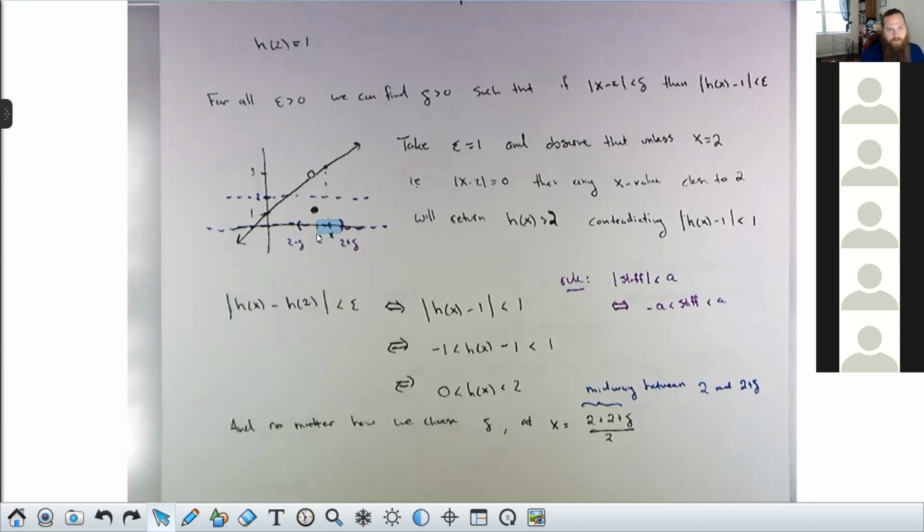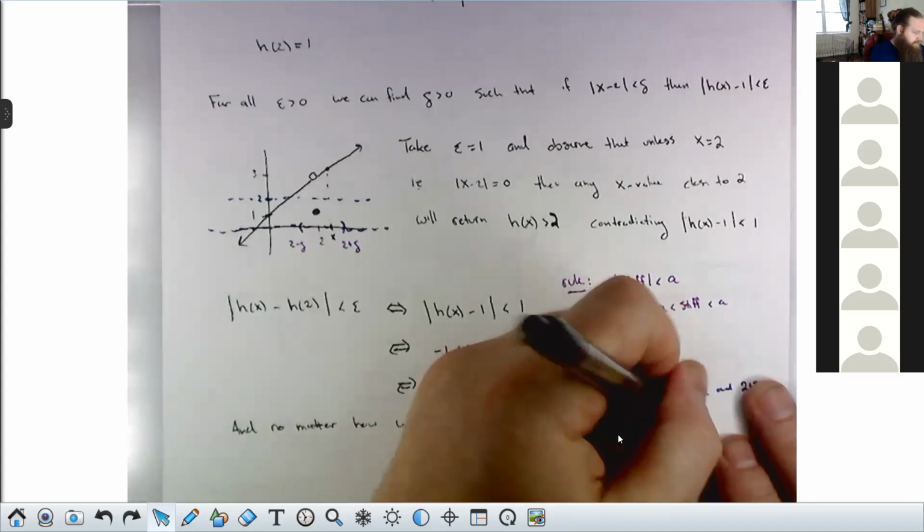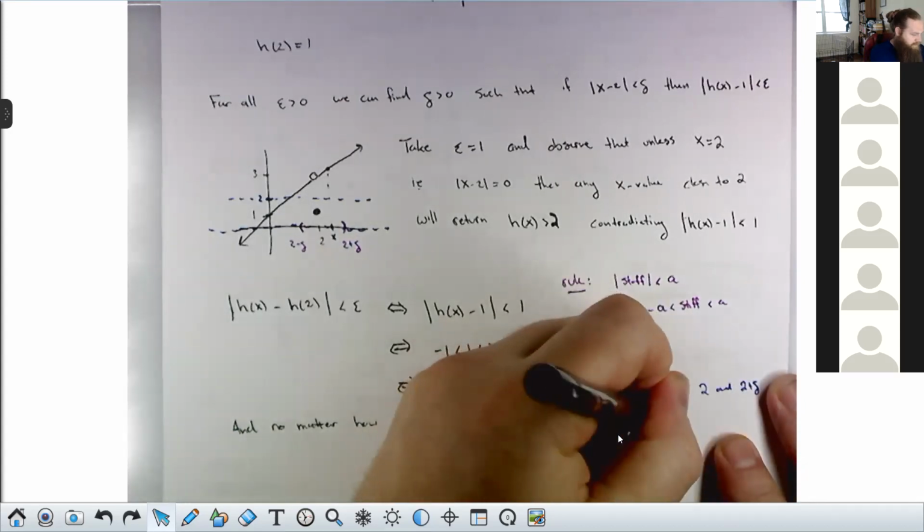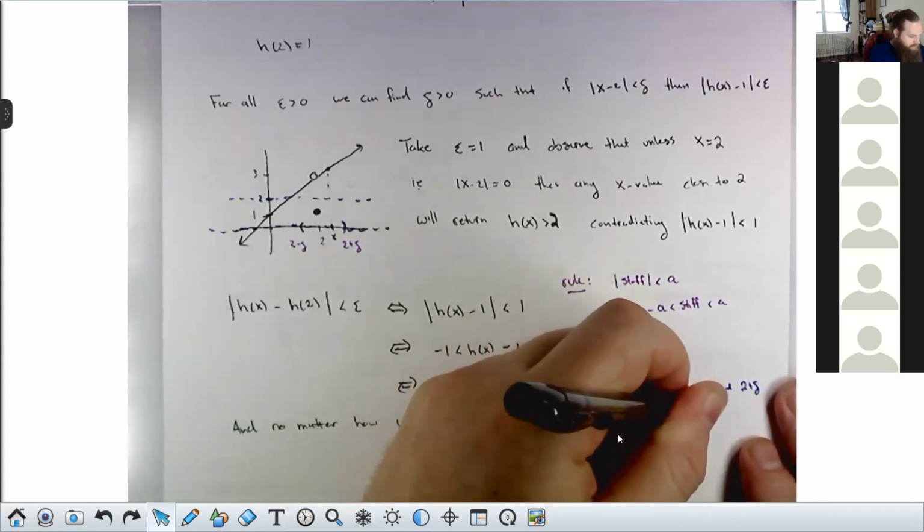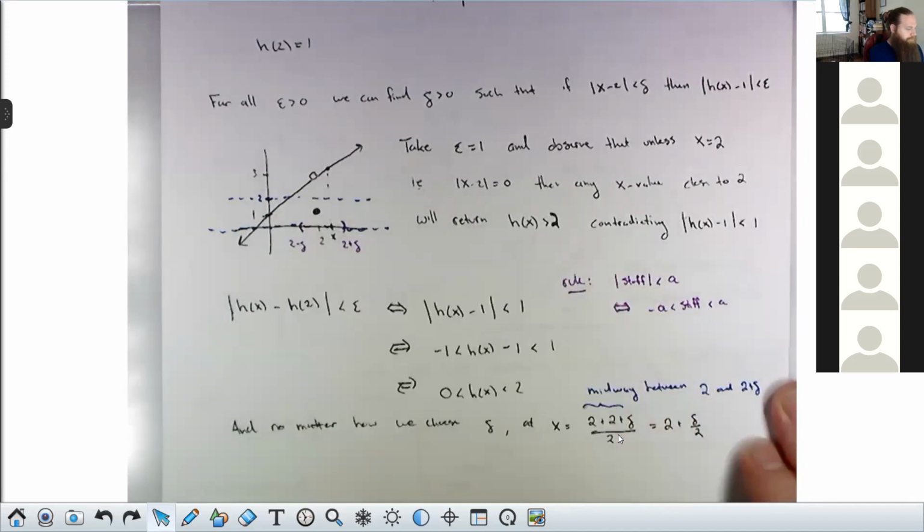So I'm going to average those guys. All right, 2 plus 2 plus delta all over 2. That's this. Now 2 plus 2 is 4. 4 over 2 is 2. So this is the same as 2 plus delta over 2.